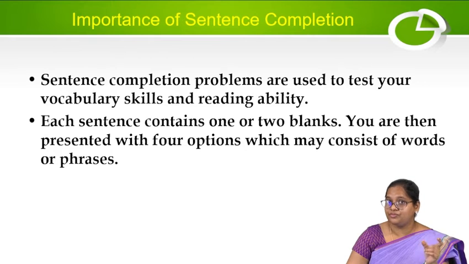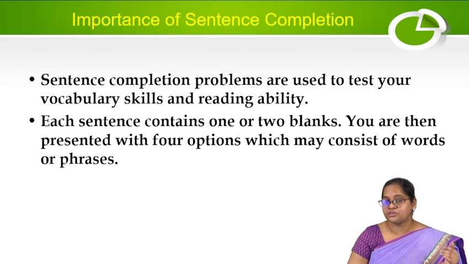If this is the sentence and this is the missing word, the options are like this: A, achieved; B, success; C, approached; D, focused or concentrated. So there are several options, and you have to find out which is the right word. He went for accomplishing his goal.